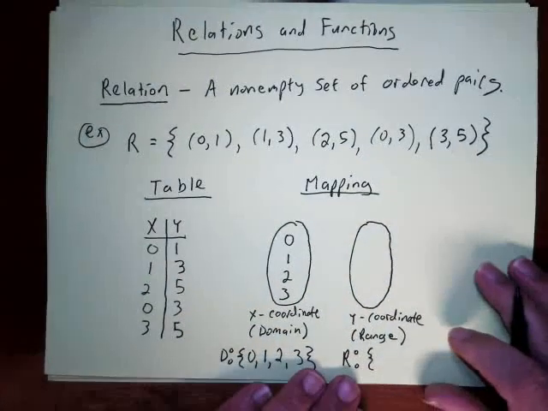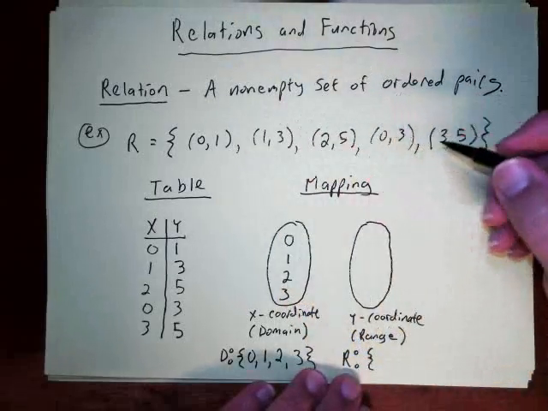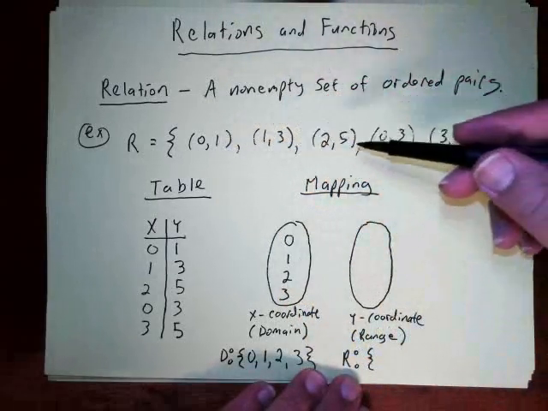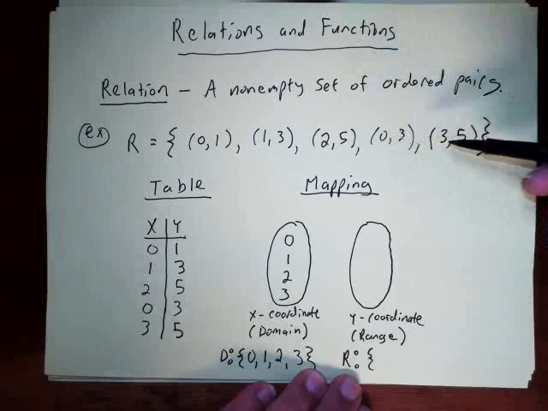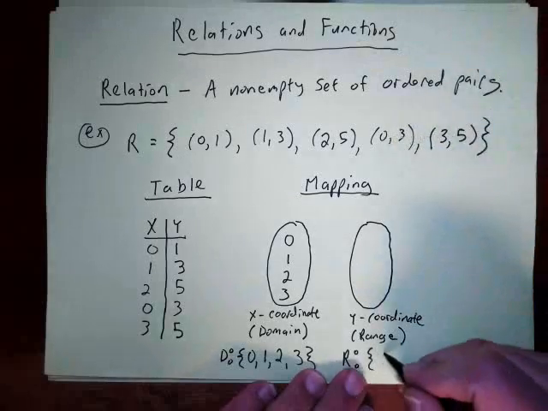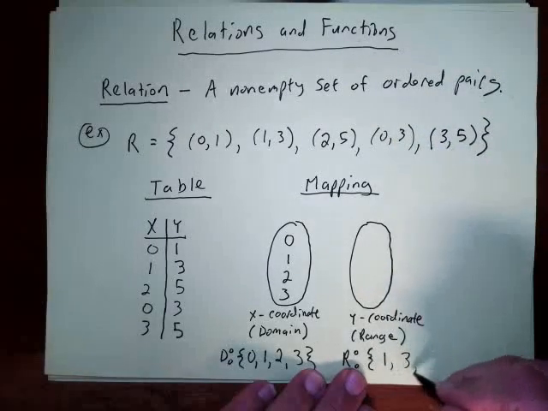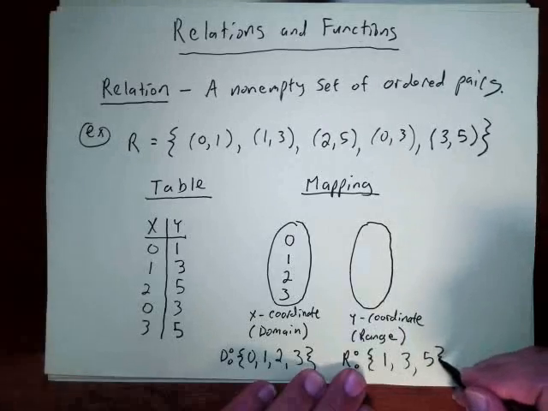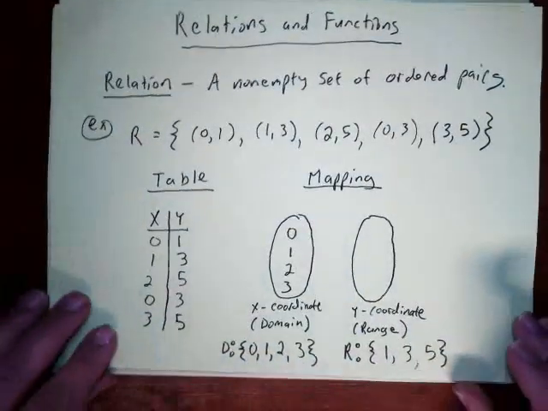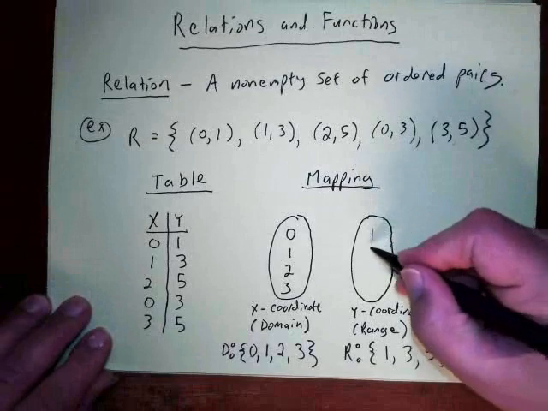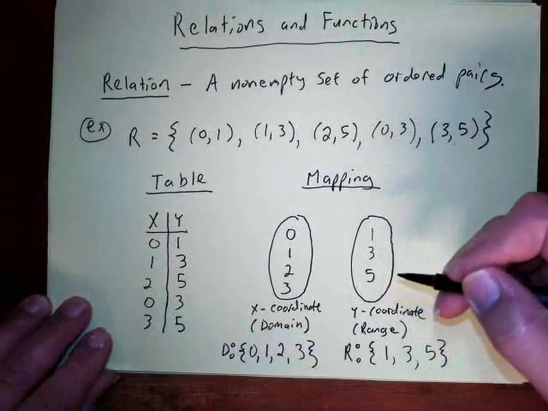Okay, and so the range here is the y coordinate. It looks like we have 1, 3, 5, 3, and 5. So it looks like it's just 1, 3, and 5. Those are what are in the range. And so I could put 1, 3, and 5.